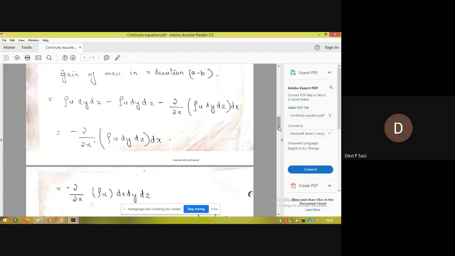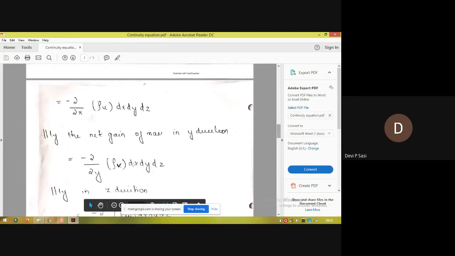Then what will be the gain of mass in y direction? It will be minus dou by dou y of rho into v into dx dy dz. Why? Because v is the velocity component in y direction.